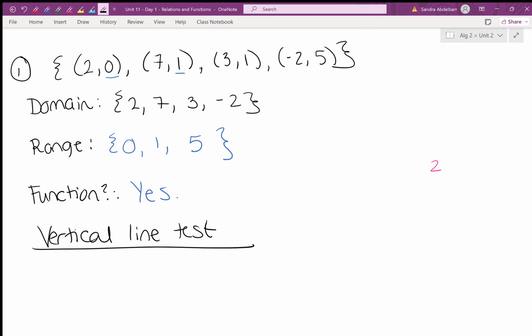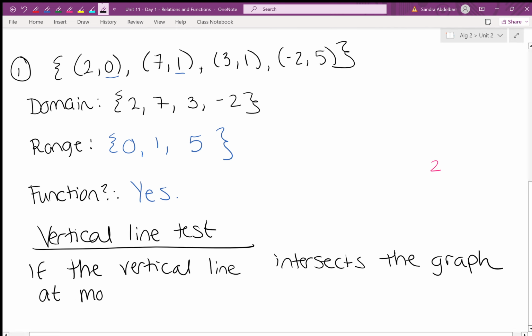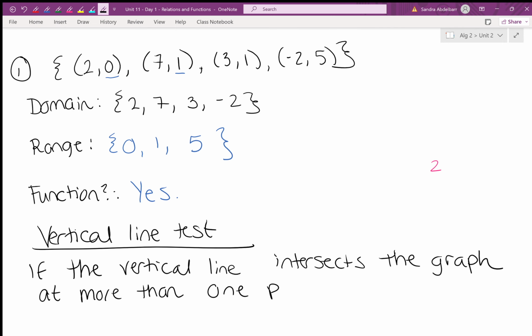If a vertical line intersects the graph at more than one point, it's not a function.